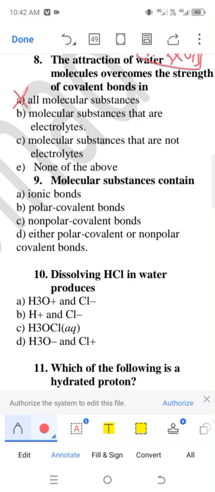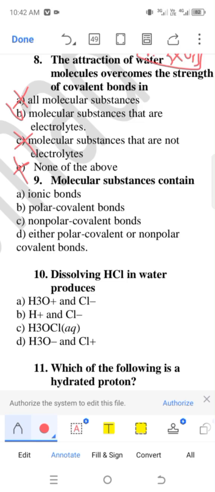We have sugar and alcohol, they undergo dissolution, they dissolve, but they do not undergo ionization. Molecular substances that are electrolytes, of course, undergo ionization. Molecular substances that are not electrolytes do not undergo ionization because they do not form ions. None of the above, so B is the correct answer.